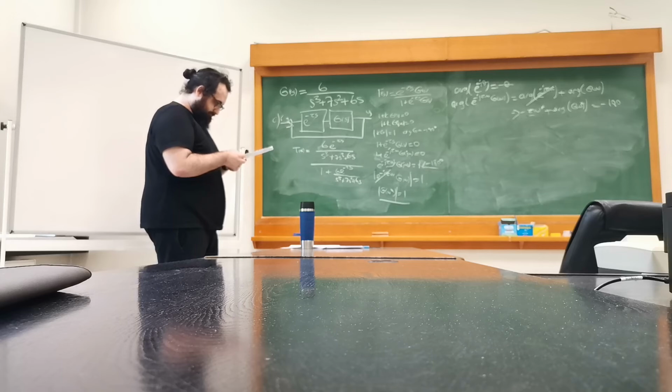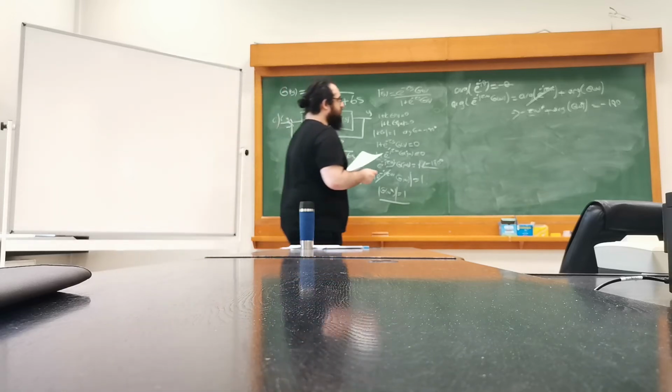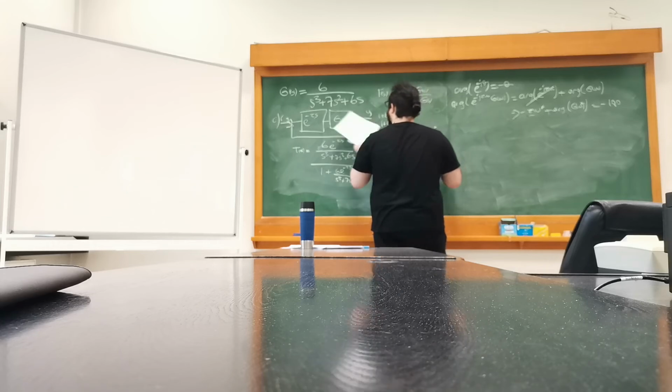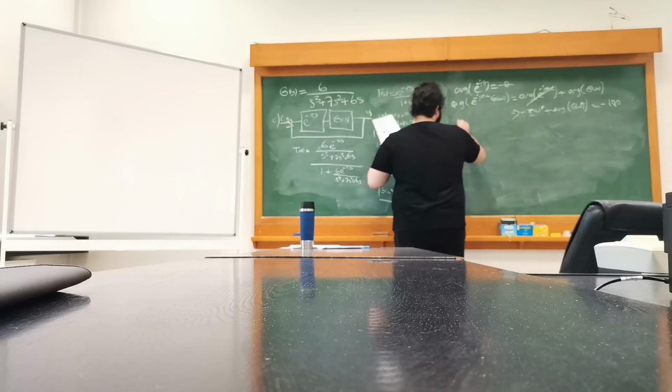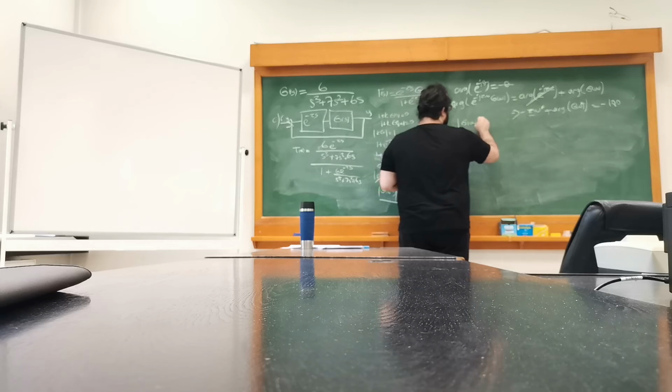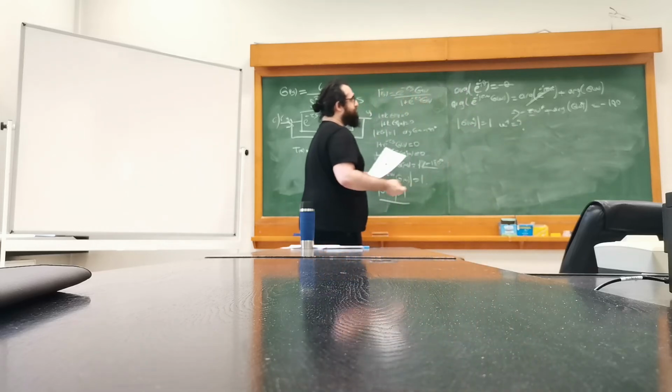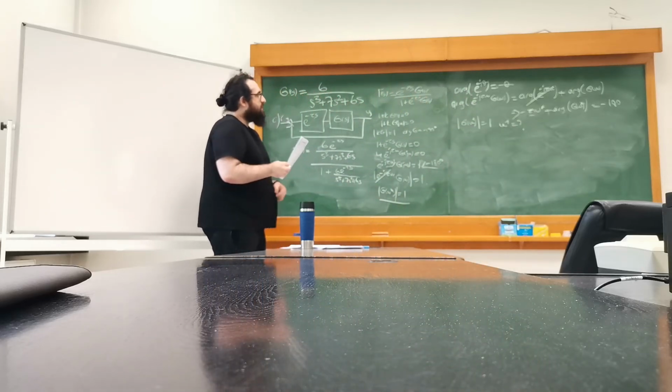So therefore, we have to work out what ω is. And here we have the system itself. Basically, we're searching for ω: at which frequency is this equal to 1?